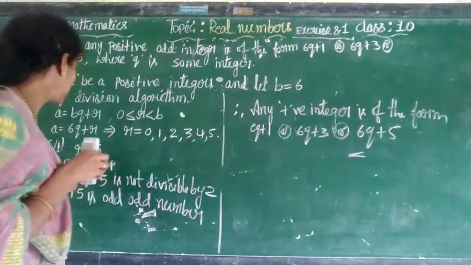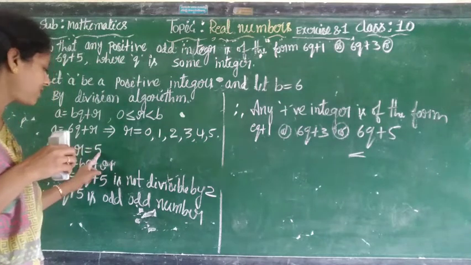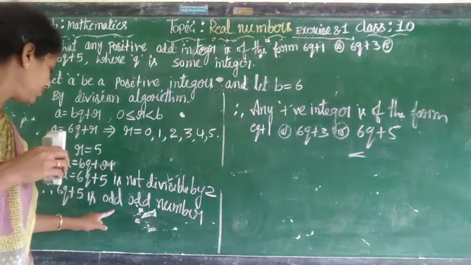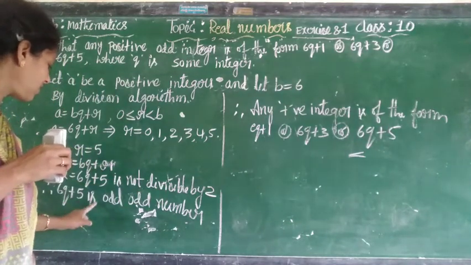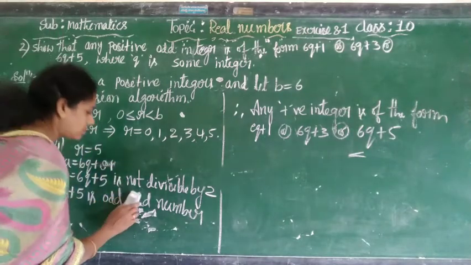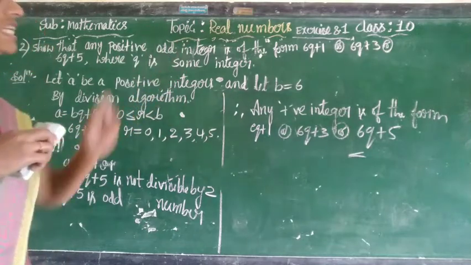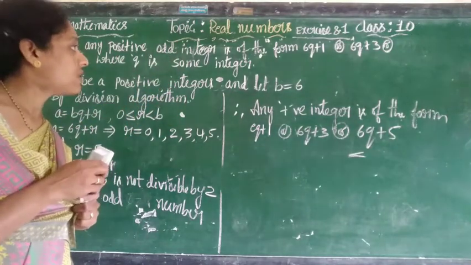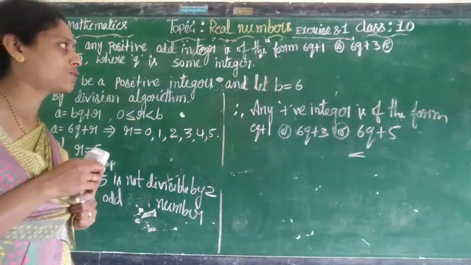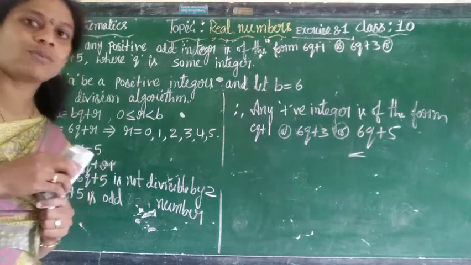So the last, r is equal to 5, is not divisible by 2. Therefore, 6q plus 5 is an odd number. So any positive odd integer is of the form 6q plus 1 or 6q plus 3 or 6q plus 5.